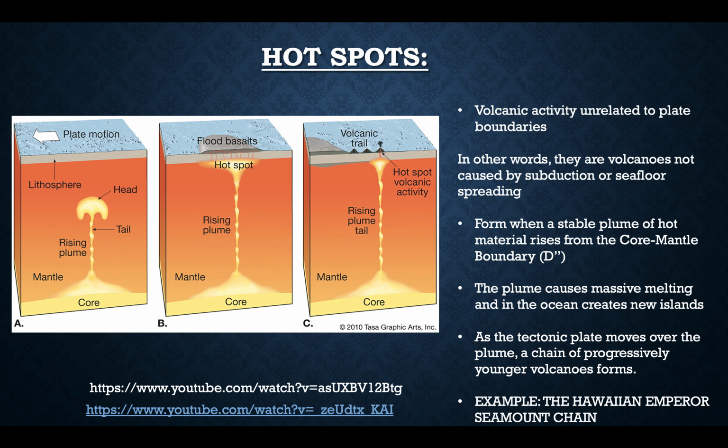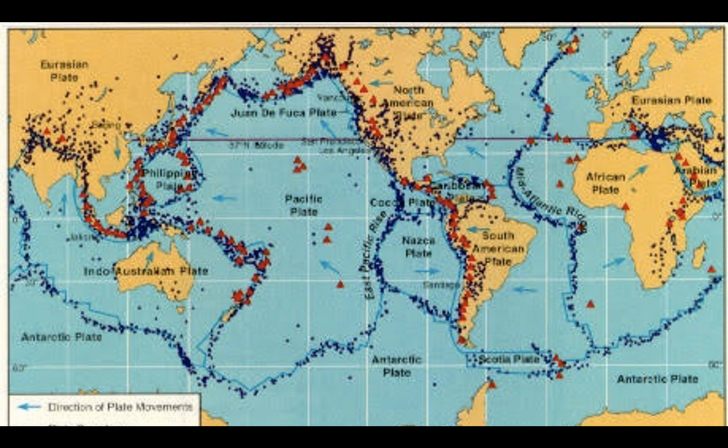Okay, and then this picture here, which I have to finish off the lecture, is a picture of where the majority of Earth's volcanoes and earthquakes occur. The blue dots being earthquakes and the red triangles being volcanoes. So what you may notice is that they all mainly occur on these lines, right?